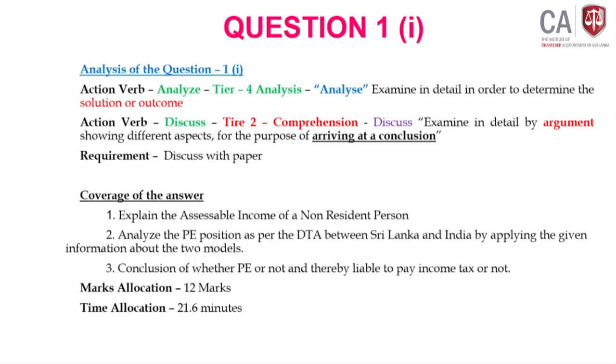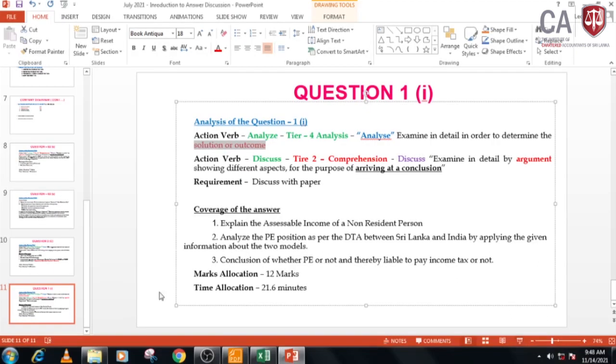Then, analyze the PE position as per the DTA between Sri Lanka and India by applying the given information about the 2 models. This is the most critical part. If you have not done this in the examination, it's in vain.